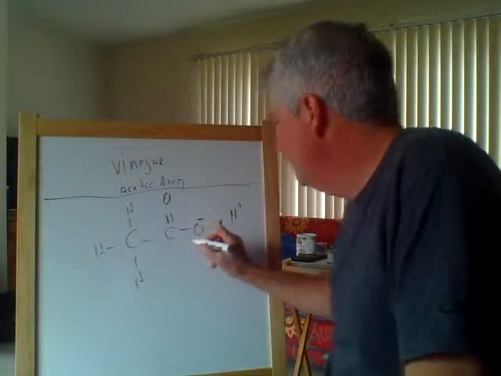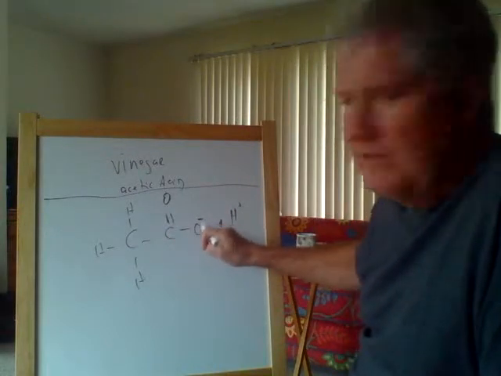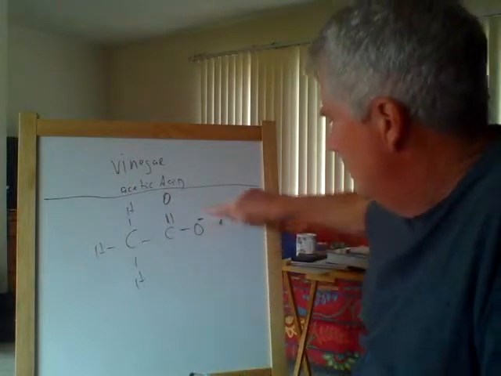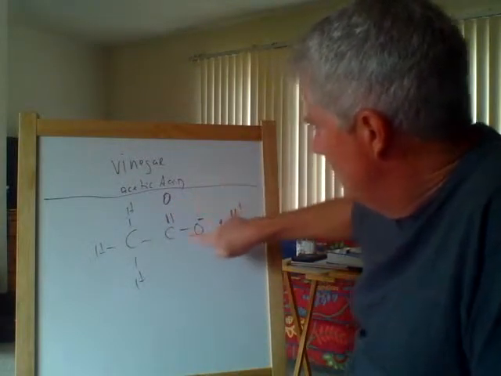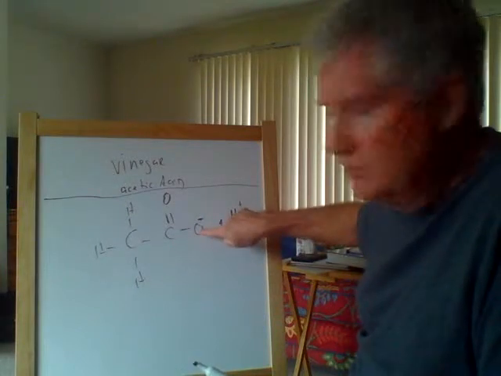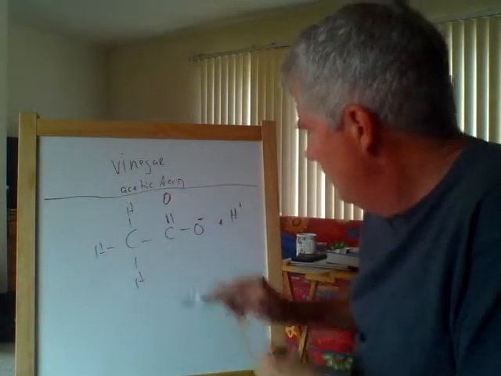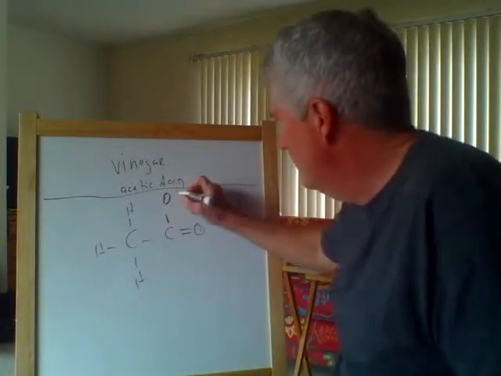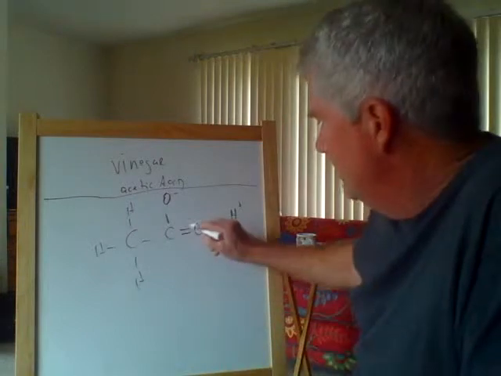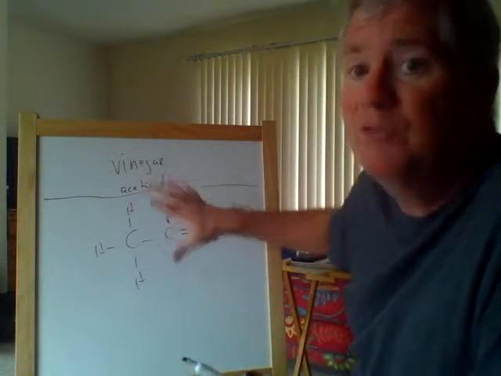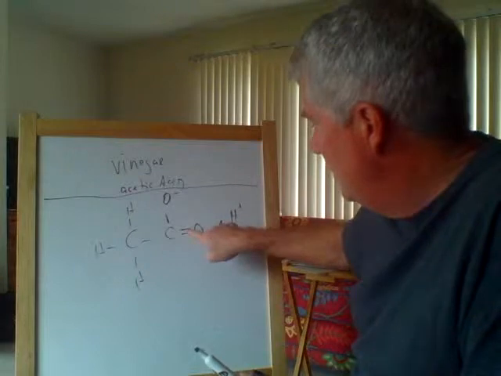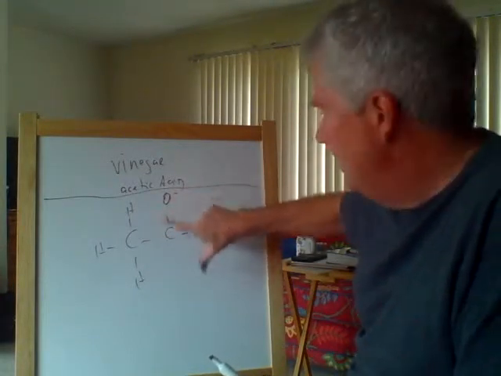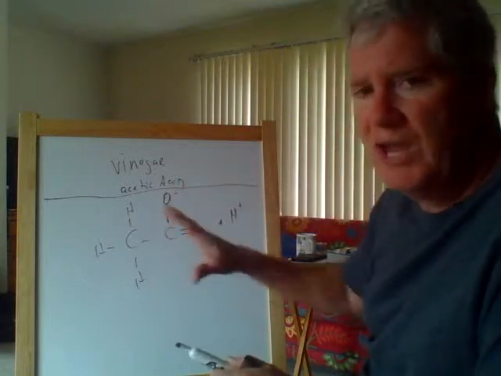One thing I want to show you that's interesting is that you see how I drew this oxygen as charged and this one as not. In reality, some of the time this is the one that's charged and this is the one that's not, and the other part of the time it's just the reverse. Electrons bouncing around between this covalent bond and this covalent bond actually produces a more stable form.